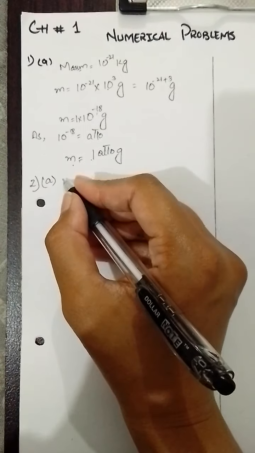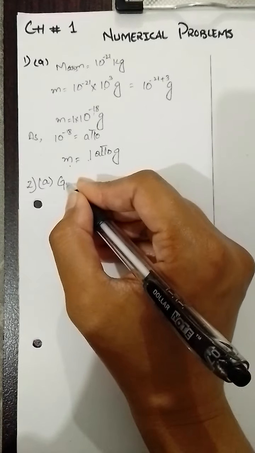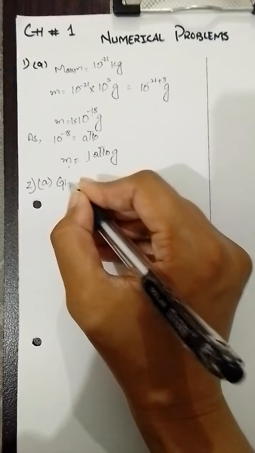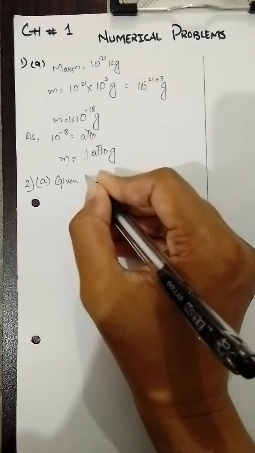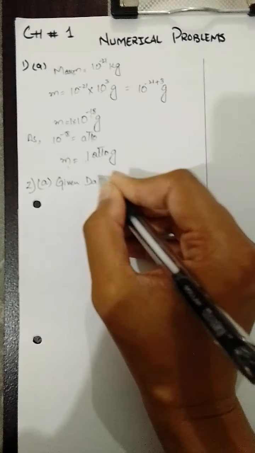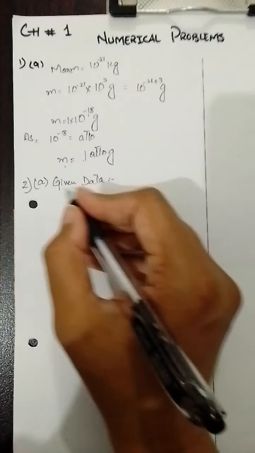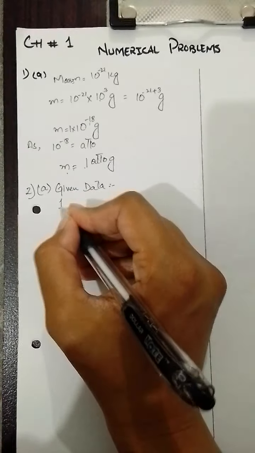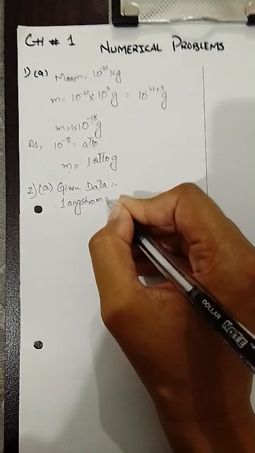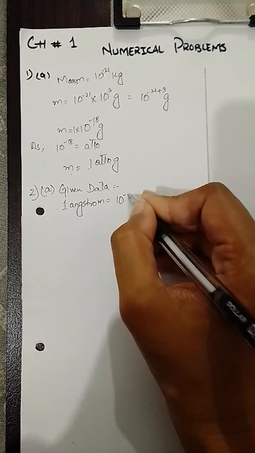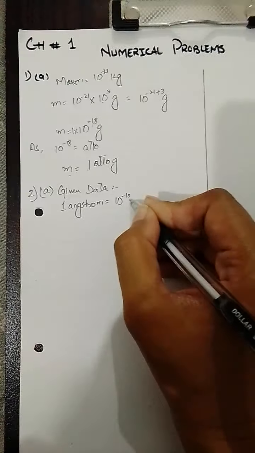Here, of course, you have to mention the heading of given data. Right, so given data is that 1 angstrom equals 10 raised to the power minus 10 meters.